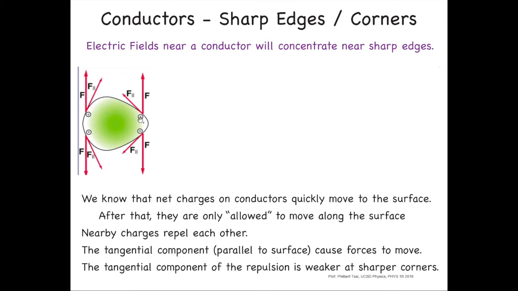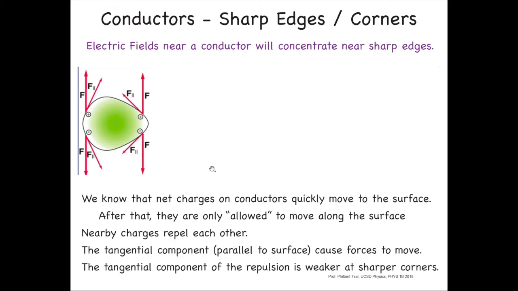The force between them is still vertical here, as drawn. So on a clipboard that's laid like this, parallel to the surface at this point, this force would have a component that is much smaller compared to this one.